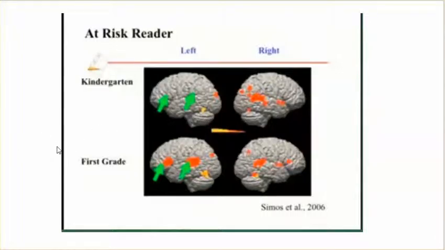Now, it doesn't take a genius to figure out that if you have a 5-year-old who has red dots in the right hand hemisphere and can use language, then in order for that 5-year-old to develop those red dots in the left hand hemisphere, to be able to read and write, you need to use the things that the 5-year-old already can do, right? So you don't take a 5-year-old and put in front of them A, B, C, D, E, F, G, right?